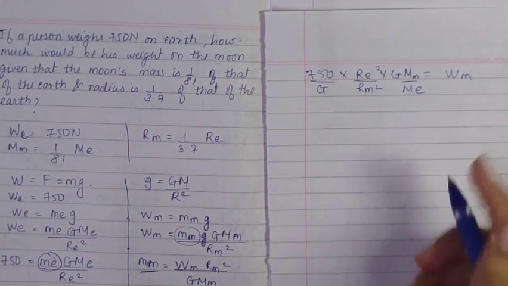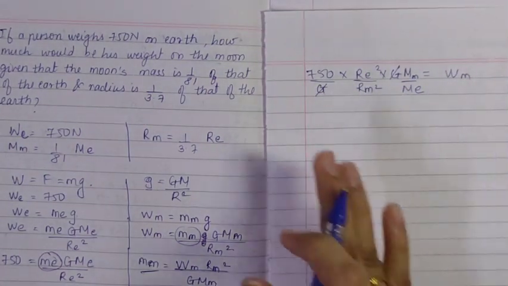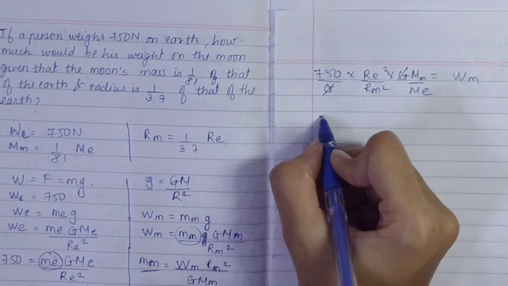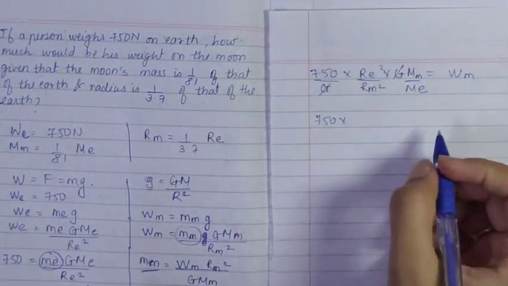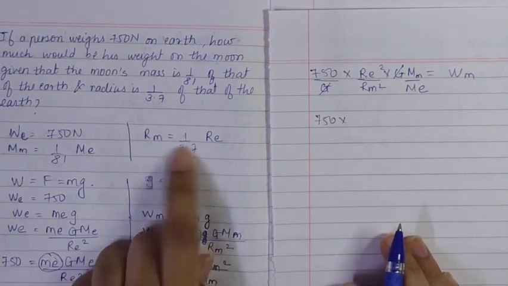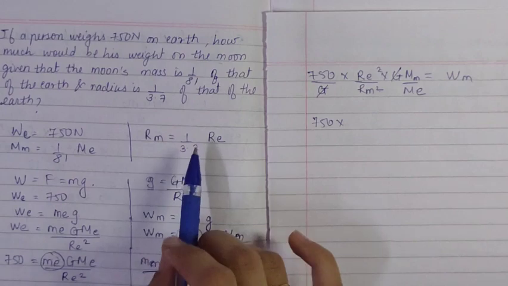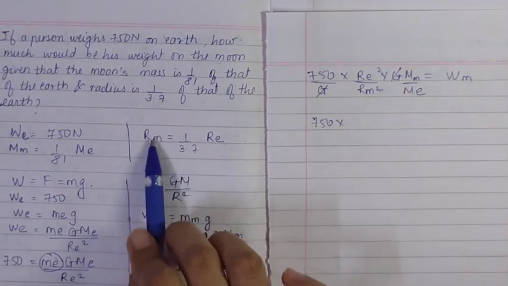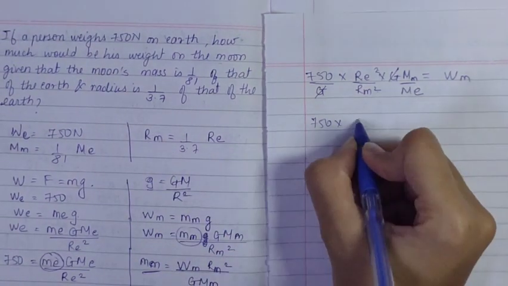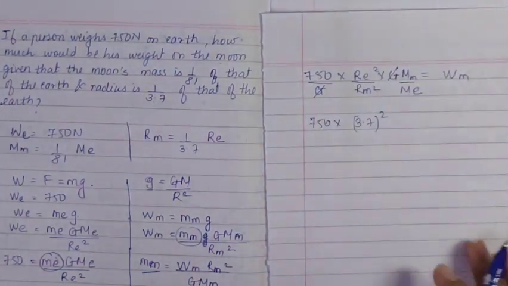Next, what will I do now? I will cut out this G and G, both of them will be the same. Again, then 750 into R E square upon R M square. Already I have written here, R M upon R E relation we know. So what is the relation? R E upon R M square will be 3.7 square, because it is R E square upon R M square.